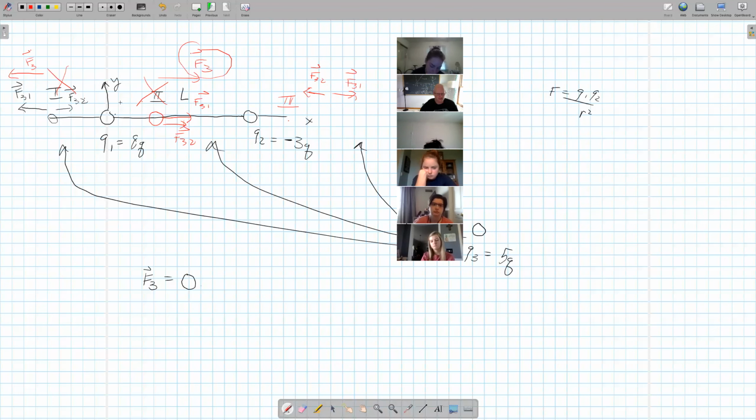Here, it can't exist because it's also going to feel a force being attracted to Q2, which means the only place it can actually exist is in this region where it has both an attractive force and a repulsive force. But again, from here, it has a bigger numerator than from here. But again, it has a much bigger distance from here than it does from here, which means that that'll overcompensate for the denominator going on here.